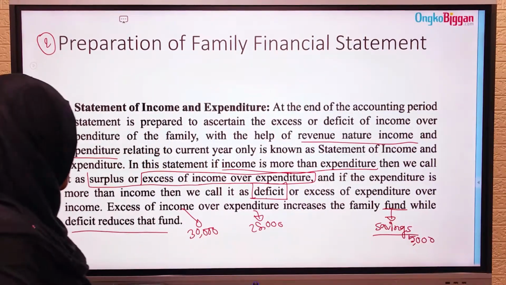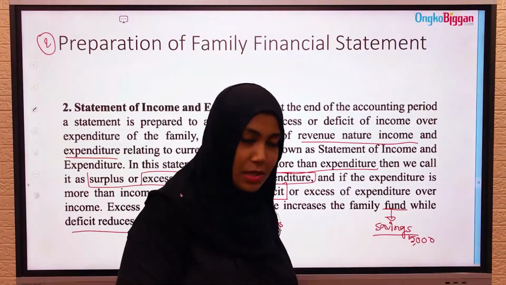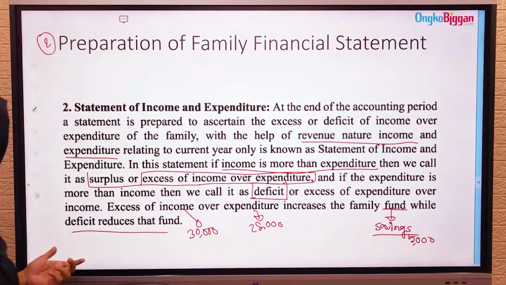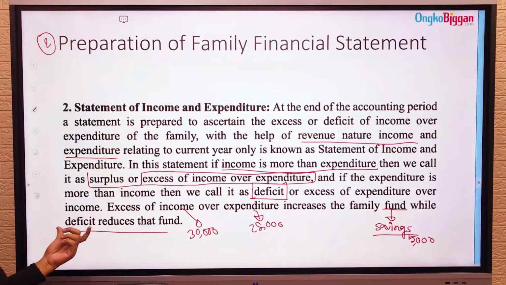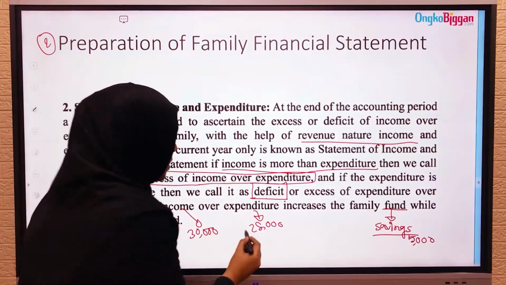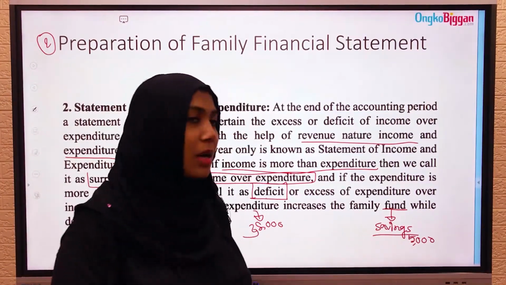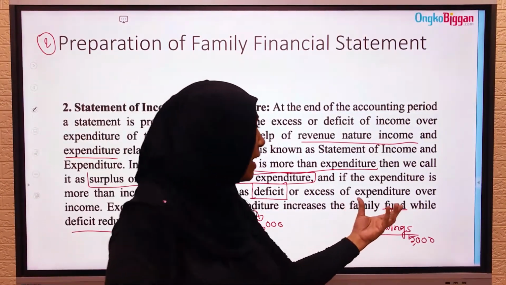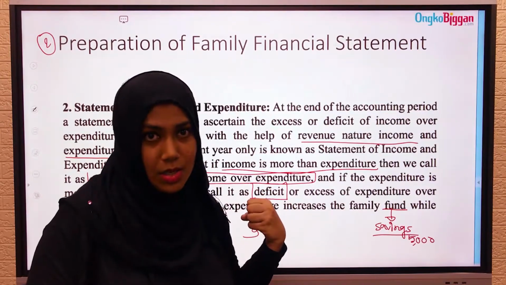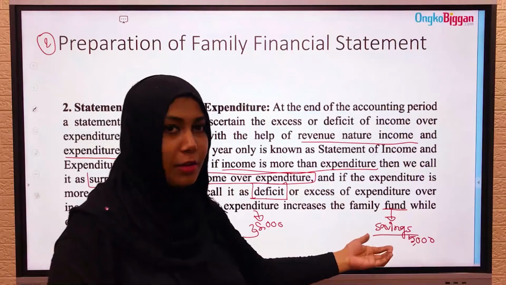Right? Okay. So that's called my surplus. So what can I say over there? My surplus is 5,000. But if there is a deficit, like my income is 30,000 and my expenditure is 35,000, then how am I able to save? Then I have to take money from the fund. I have to actually spend money from the fund.